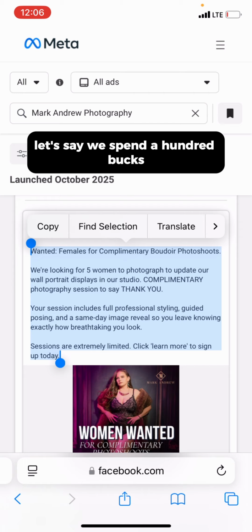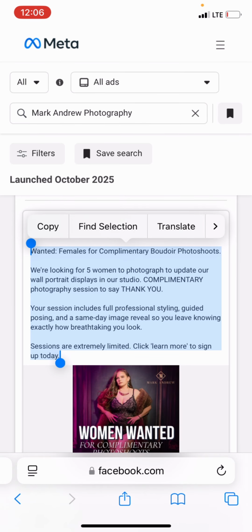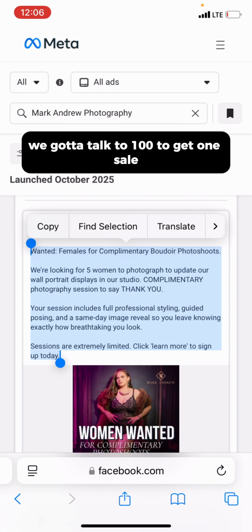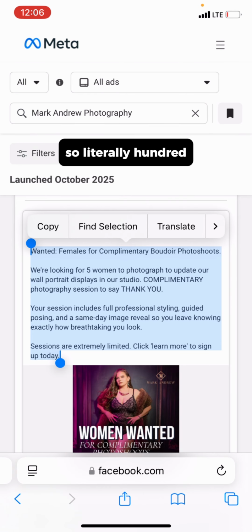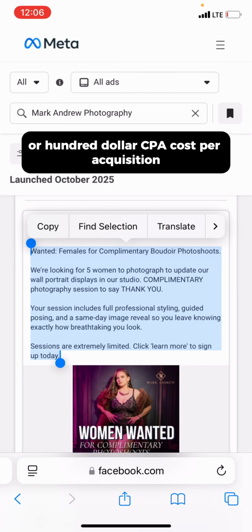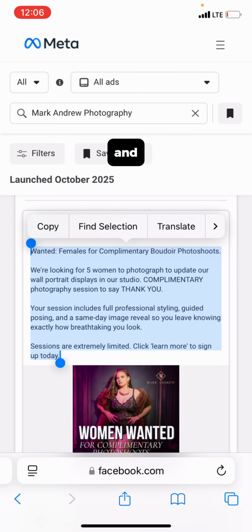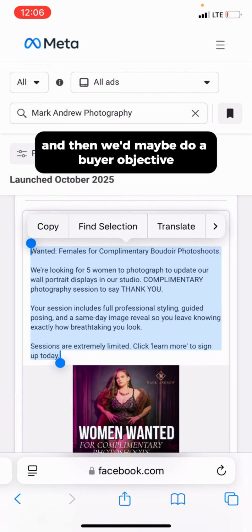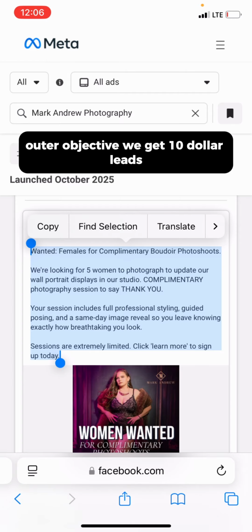Let's say we spend $100, get 100 leads, $1 per lead. But we have to talk to 100 to get one sale. So literally $100 CAC, customer acquisition cost, or $100 CPA, cost per acquisition. Then we maybe do a buyer objective instead of the lead form filler objective.